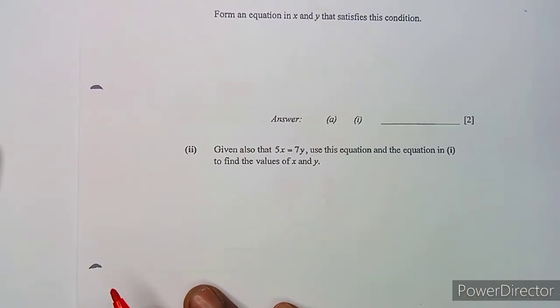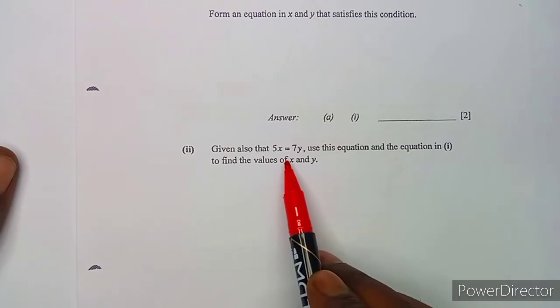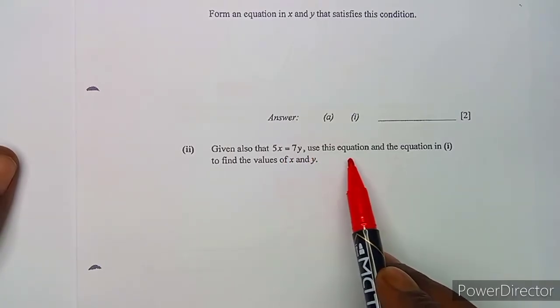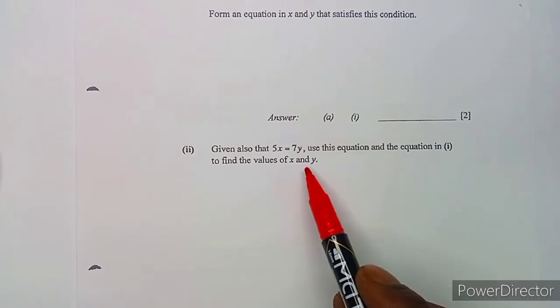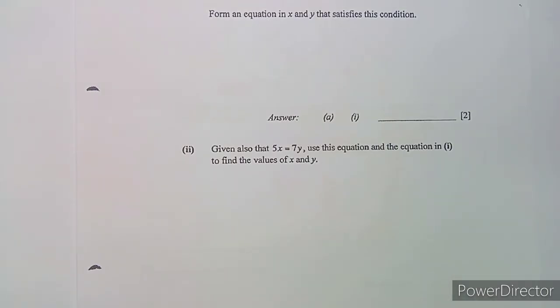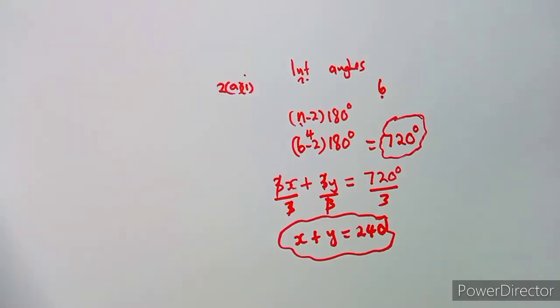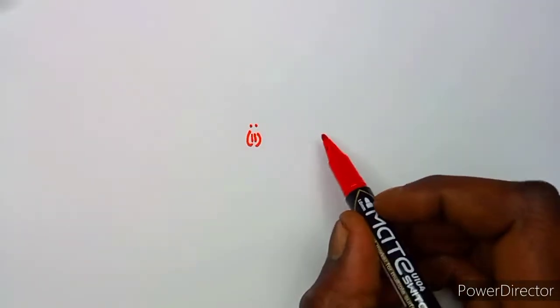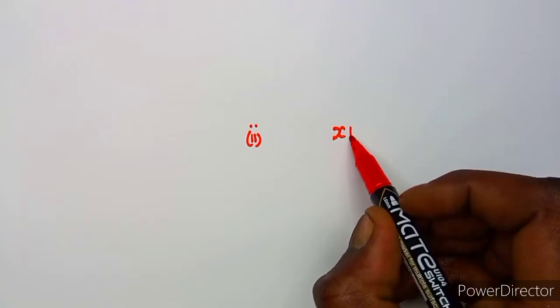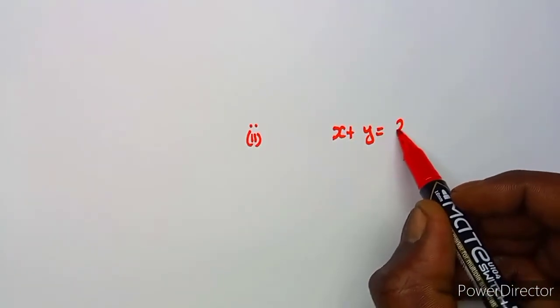On item 2, we are now also given 5x is equal to 7y. Use this equation and the equation in item 1 to find the values of x and y. We are now given another equation. So this is like simultaneous equations now, because on item 1 we obtained that x plus y is equal to 240.